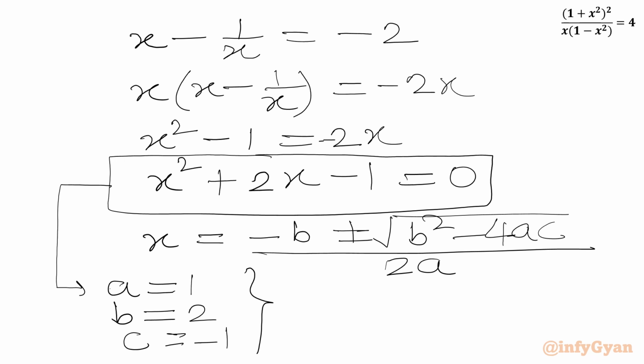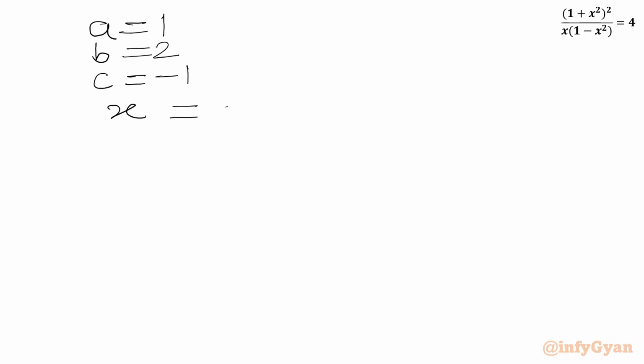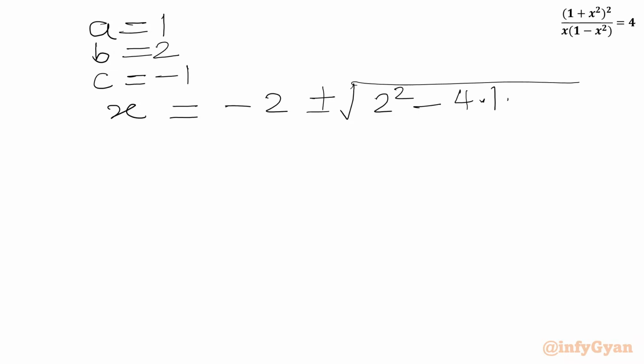Let's apply these values to our formula. We will write x equal to minus b, so minus 2 plus minus square root of 2 square minus 4 times 1 times minus 1 over 2 times 1.